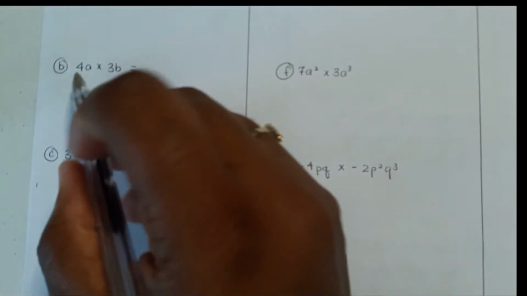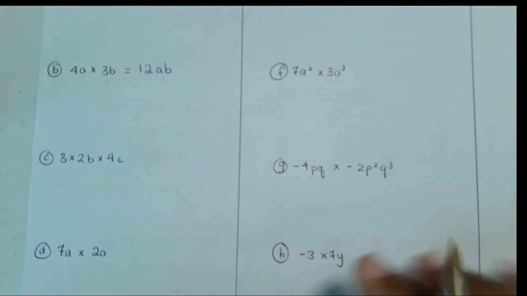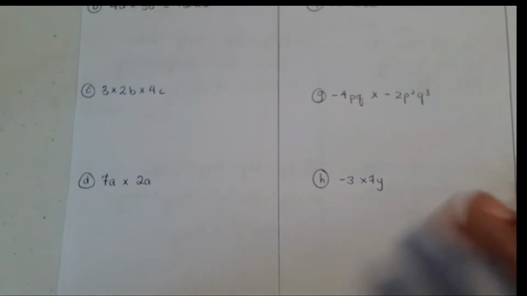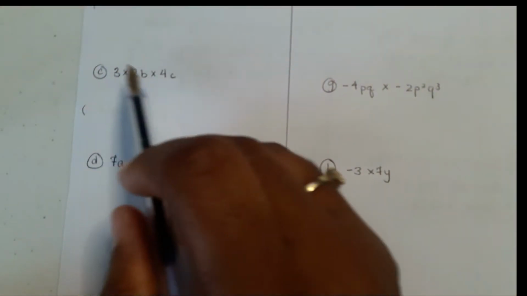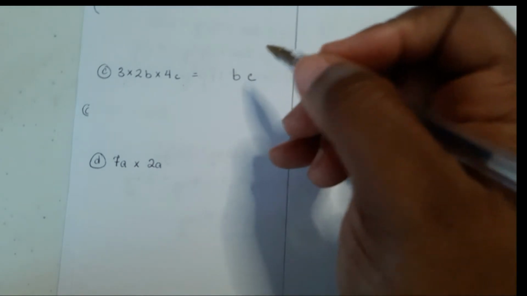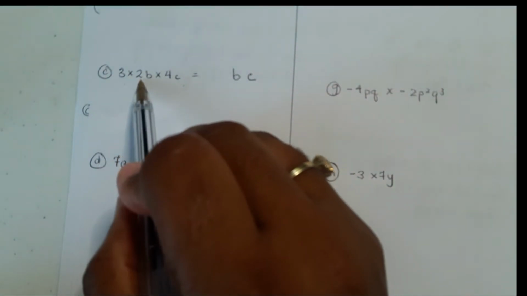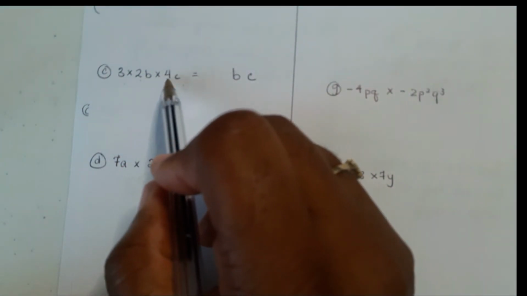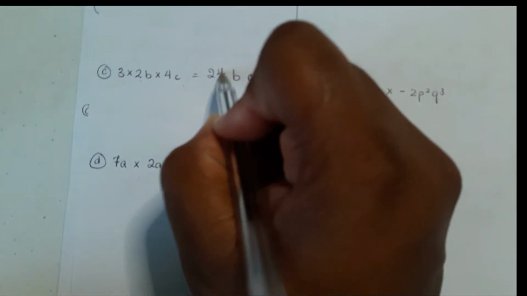Everything just goes together. It's like you just mix everything. So you say 4 times 3 is 12, and you just put back the a and the b. Okay? Then here we have b and c, so we know our variables will be bc. But 3 times 2 is 6. 6 times 4 is 24.